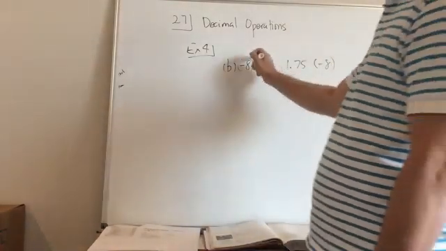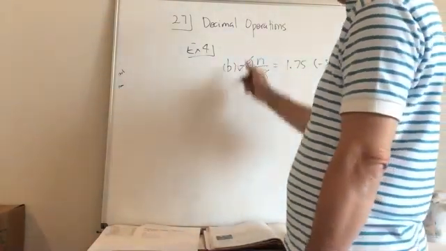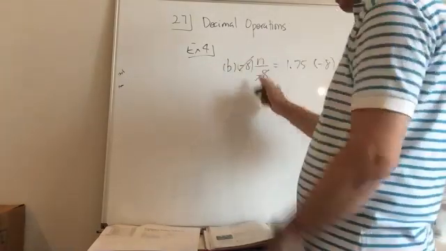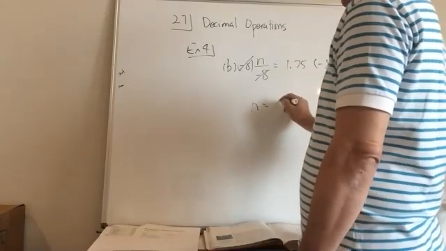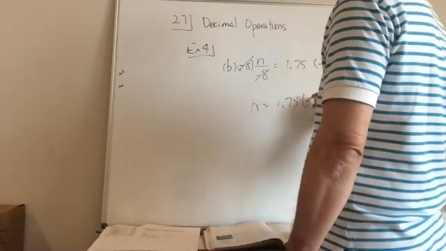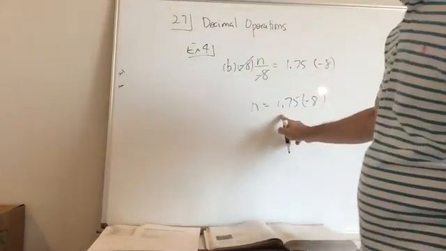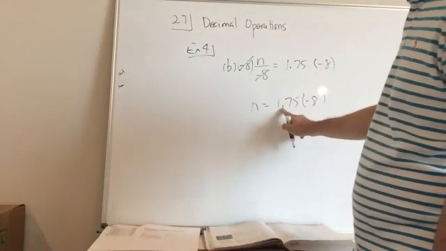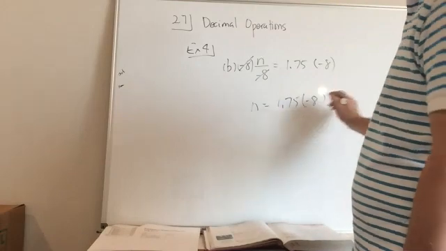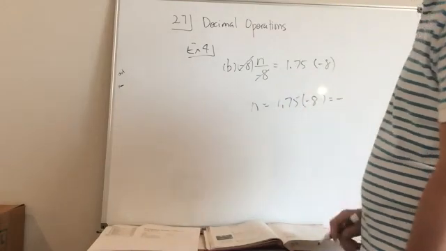Now this cancels out because you have one on the top, one on the bottom, and n is equal to 1.75 times negative 8. A positive number times a negative number is going to be a negative number. So the overall is going to be a negative number.